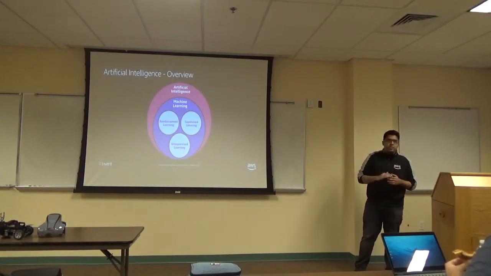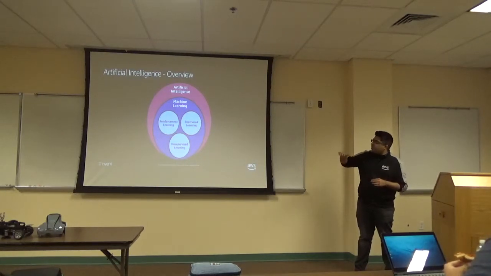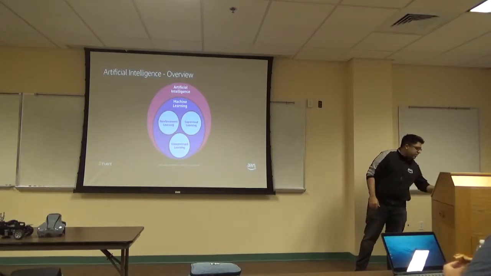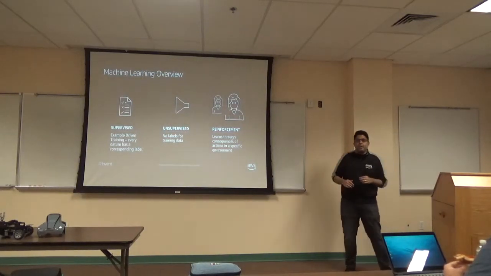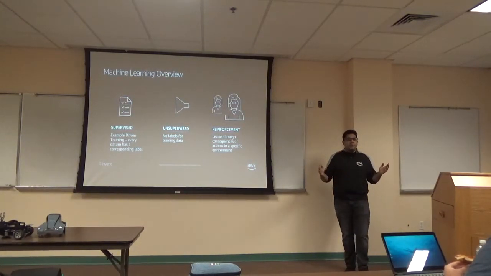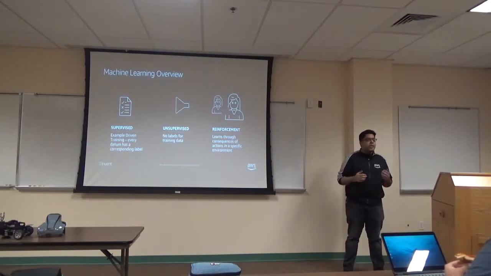Machine learning then goes one level below that, where it's actually learning, and it's not explicitly being programmed to learn or do a certain action. And then once you get subsets underneath that, you have three more that are listed here. Supervised learning. So for example, I'm sure everyone here is familiar with Hot Dog, Not Hot Dog, the viral AI app. Well, to build something like that, you need a bunch of labeled data.